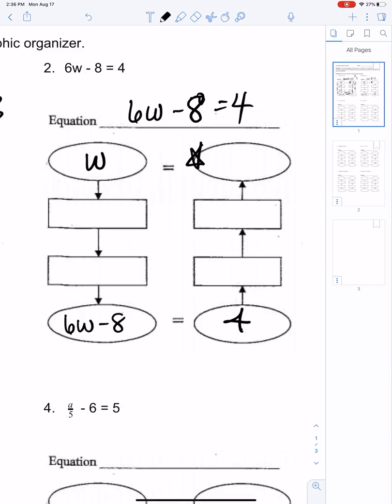The w has no operation still being done to it. So we are first going to show the operation that happens to w: it's multiplied by 6. Then 8 is subtracted.